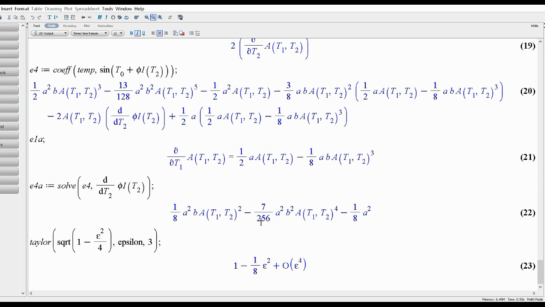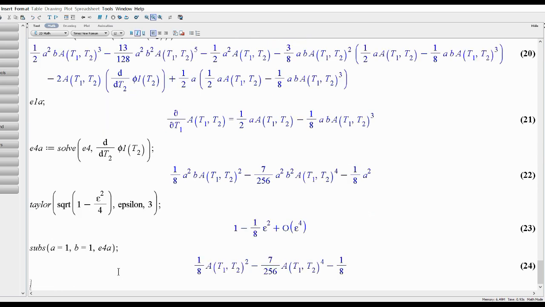And for the van der Pol oscillator, we substitute A equals 1, B equals 1 in E4A, and that's the answer. Okay, so that's the van der Pol oscillator. Now this A again is just going to be whatever it will be.